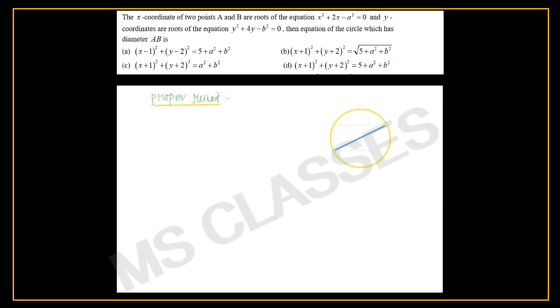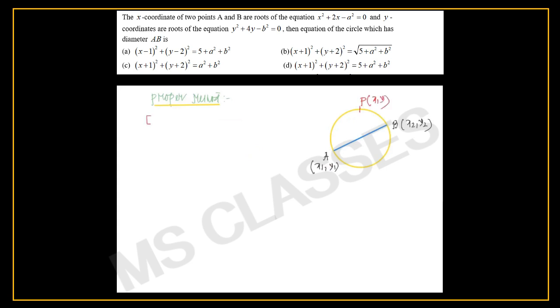That is, here you have the point A, which is x1 comma y1. Here you have the point B, which is x2 y2. Now, if we write the equation of this circle, we know for writing the equation we have to take here arbitrary point P x comma y on the circle.